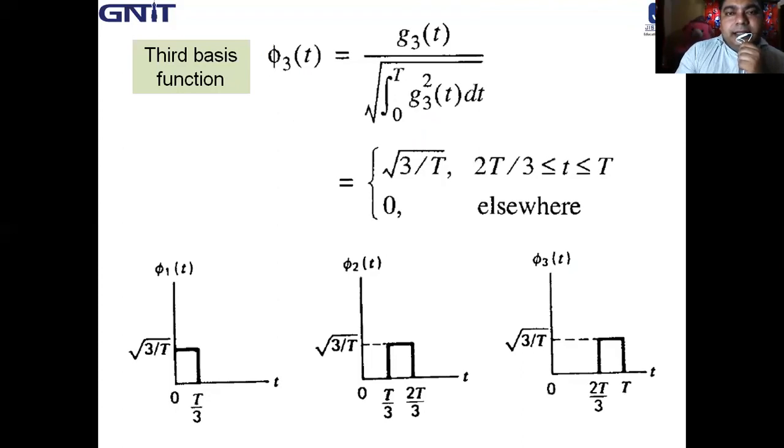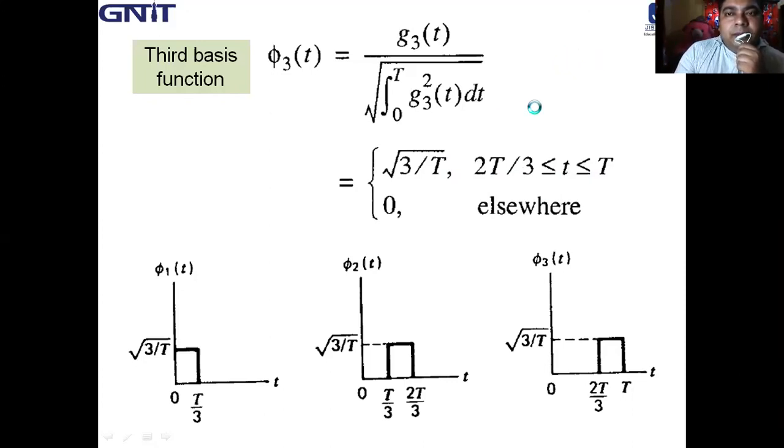So we can say that phi 3(t) is equal to root over 3 by T, where t belongs to 2T by 3 to capital T. Elsewhere it is 0. So in that way we can construct the third basis function.